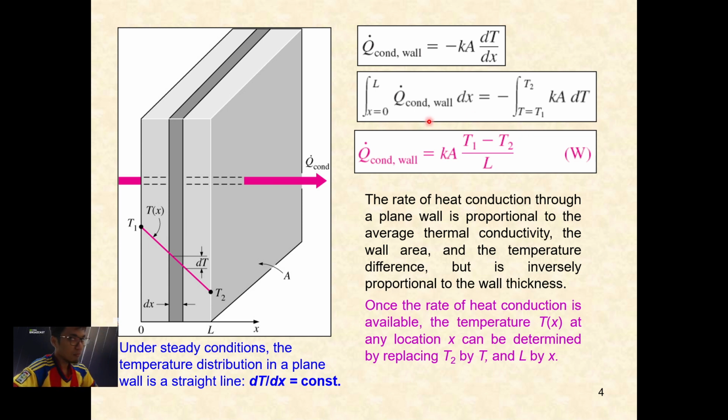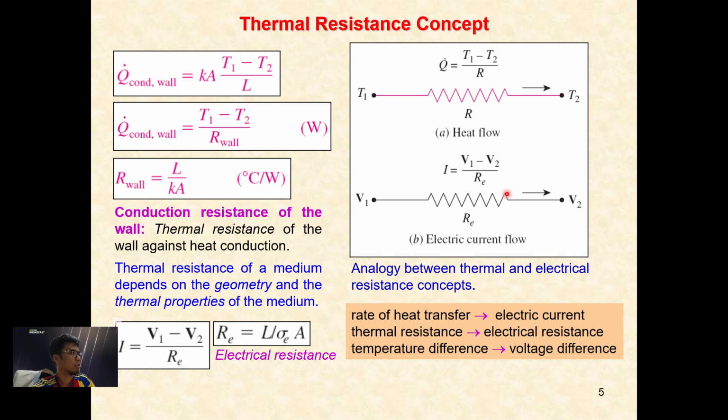Okay, this is the basic Q conduction of a flat wall. Then to make it easier for analysis, we always introduce the thermal resistance concept to the equation of heat transfer.